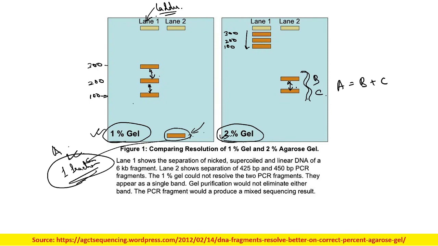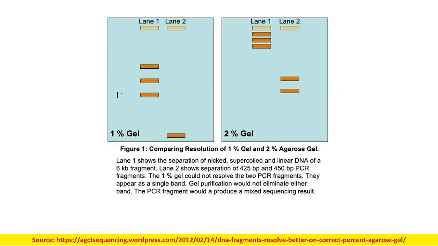Now if you see over here, what should be your molecular weight? We told it that this is for 100, 200 and 300 base pairs. Now this is getting out of the range. However, we can make an estimation.